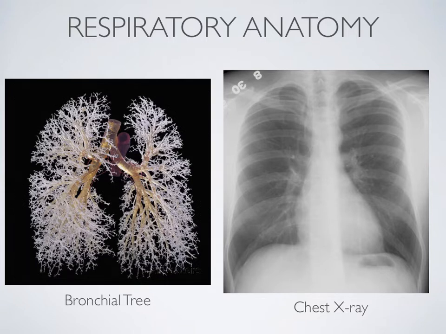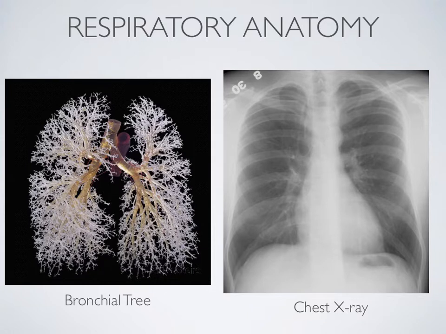And for respiratory anatomy, it's really important to be able to look at a chest x-ray. That's the number one tool we have for looking inside the lungs. So on this chest x-ray, here's the trachea, and you can usually see a little bit of translucence where the trachea is because it's such a large airway.